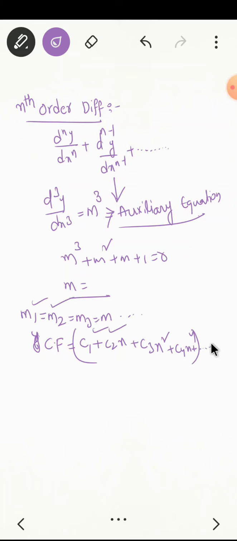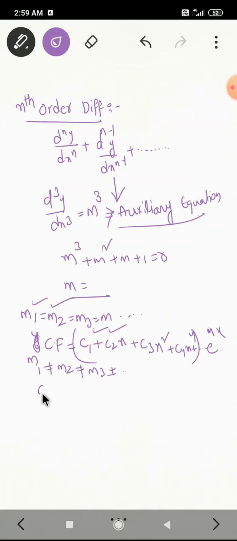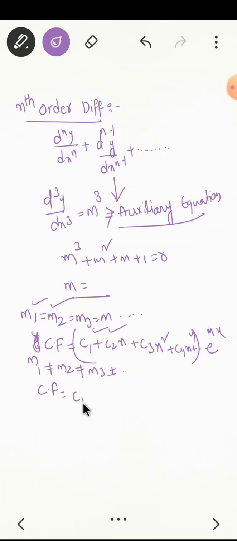Next, if m1 is not equal to m2 is not equal to m3 and so on, then the complementary function is c1 e^(m1x) + c2 e^(m2x) + c3 e^(m3x), and you continue till the number of roots you have in the auxiliary equation.